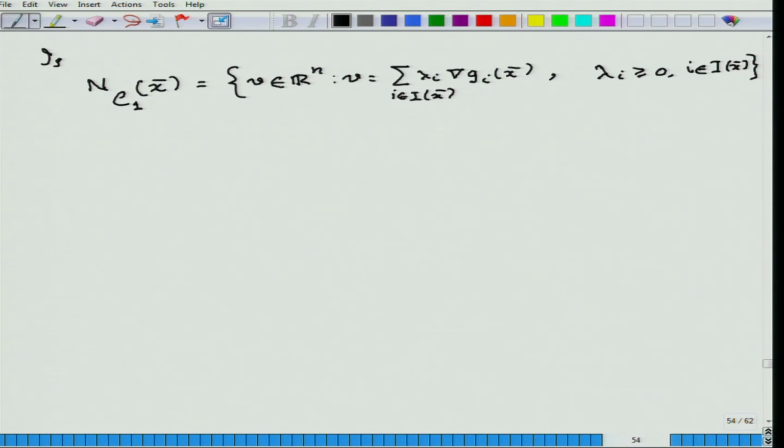I know that this thing is a subset of this thing, but is the opposite true? That is the question.